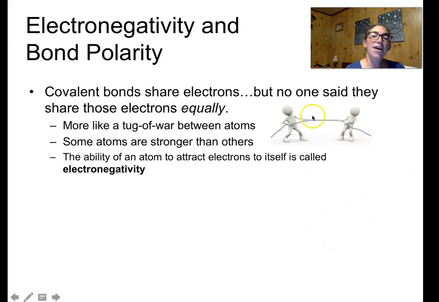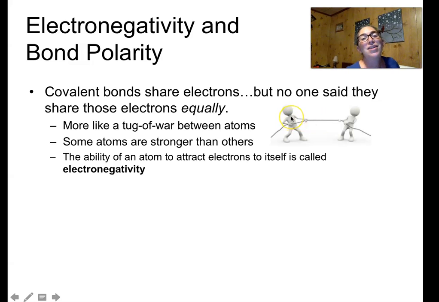So you can think of that bond between 2 atoms as almost more like a tug of war on those electrons. And sometimes they're an evenly matched set, both atoms have the same strength of pull on electrons, and so that tug of war doesn't go anywhere and those electrons are shared equally.